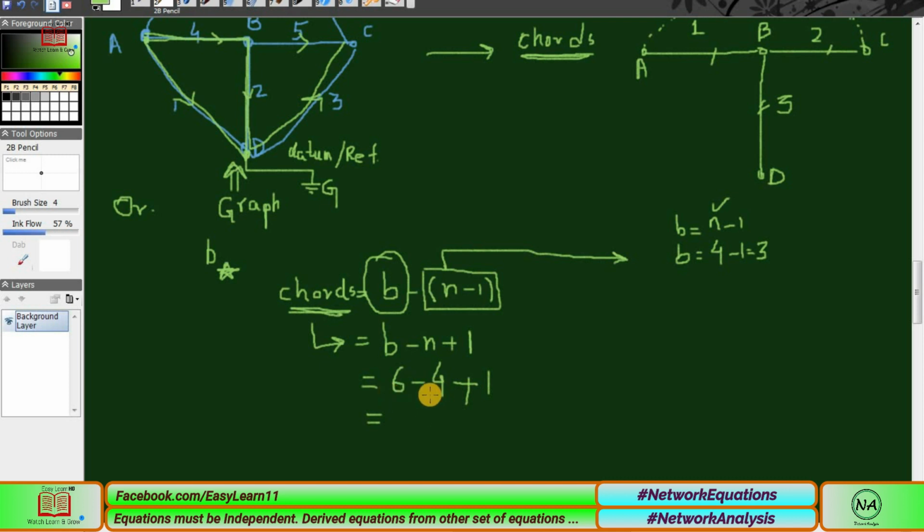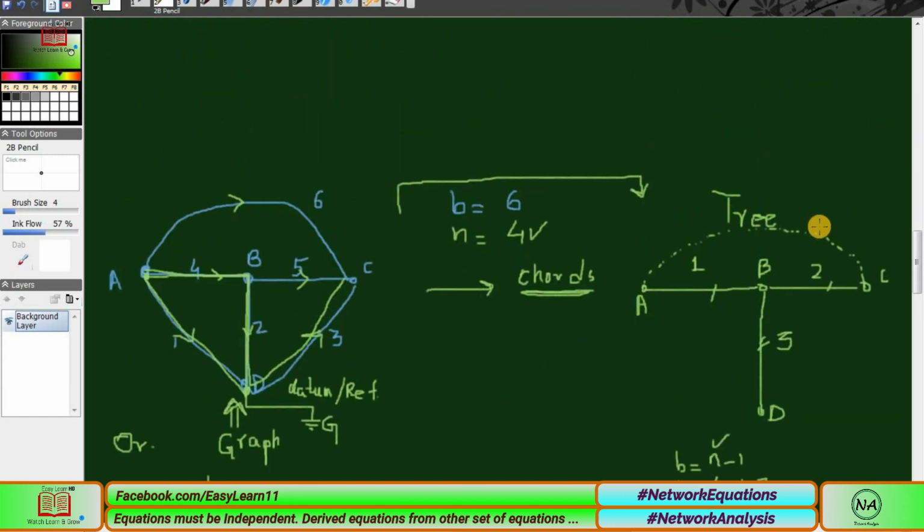As you can see here, 6 minus 4, the answer is definitely 2, and plus 1, the answer is 3. So 3 lines are hidden. In a graph of the tree, this is the first line, also missed here is another line that is skipped, and another line missed here. So 1, 3 and 6, these are the 3 branches that are actually hidden in the graph of the tree.